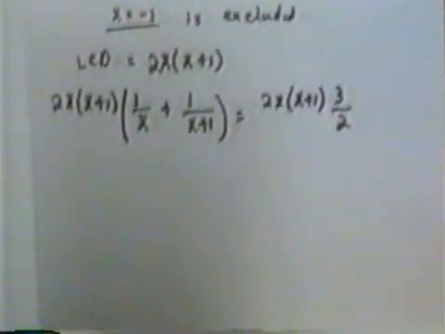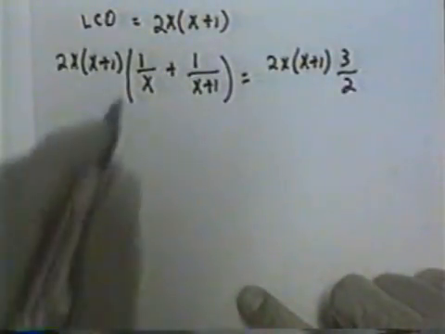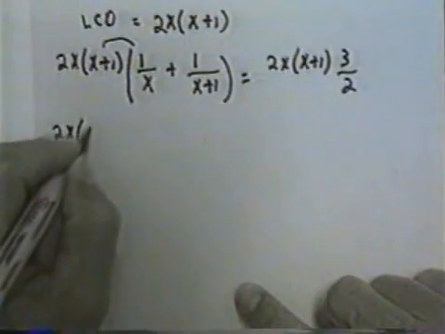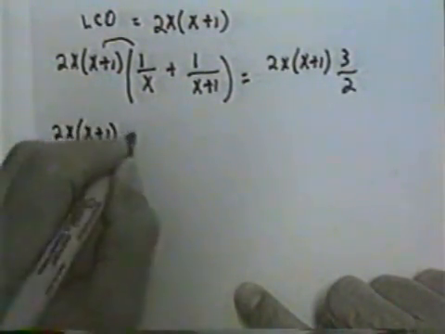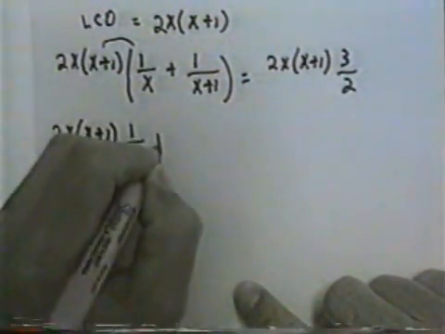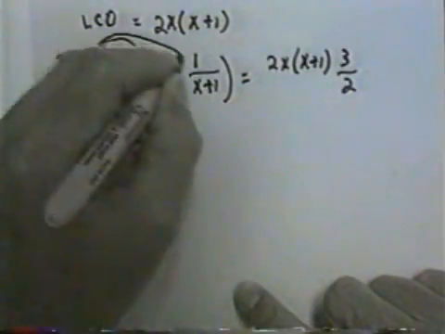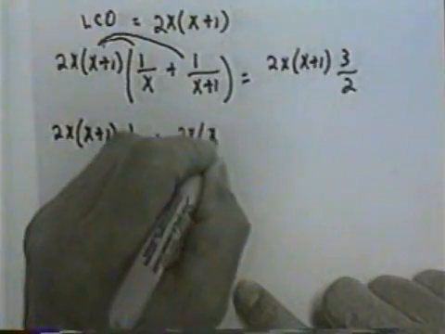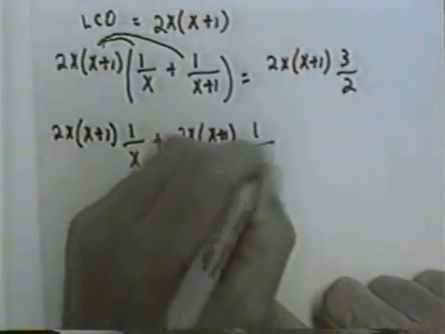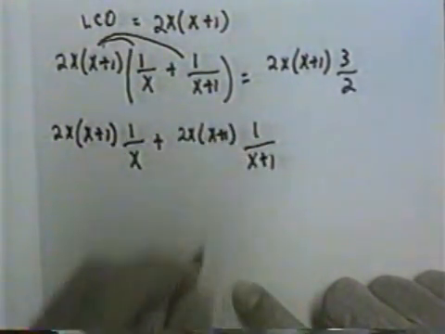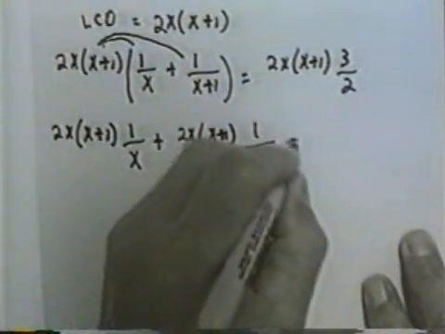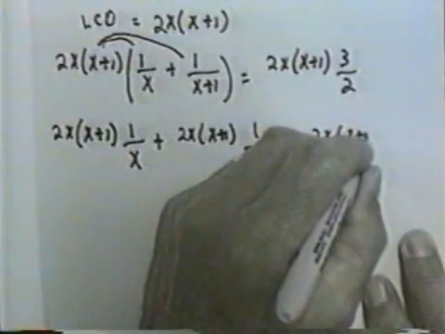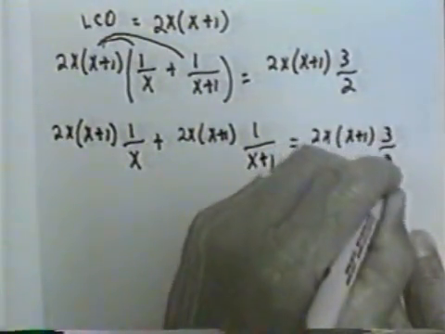Now I need to distribute. So I'm going to multiply the 2x times x plus 1 times 1 over x, I'm going to multiply the 2x times x plus 1 times 1 over x plus 1, and I've already have 2x times x plus 1 times 3 over 2.